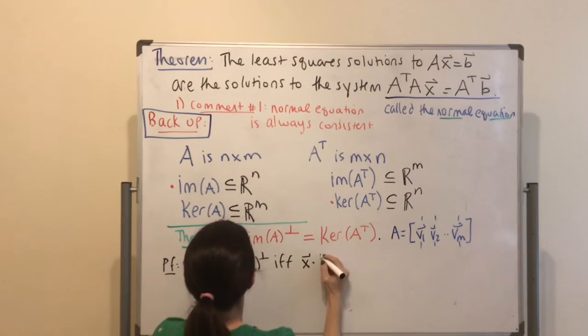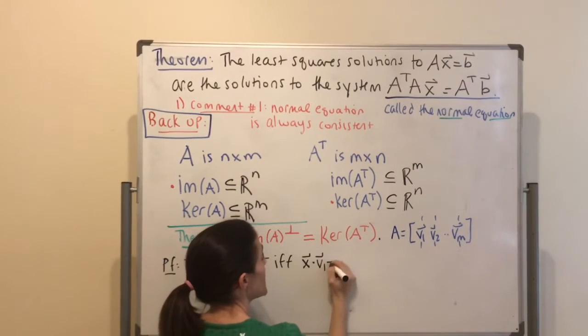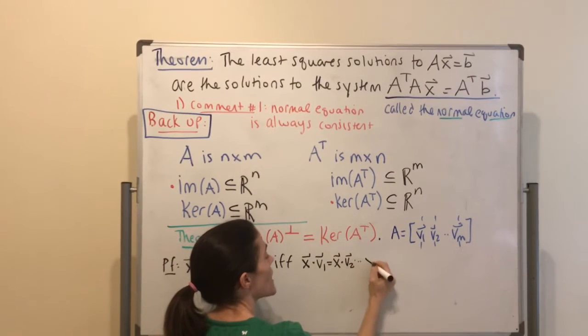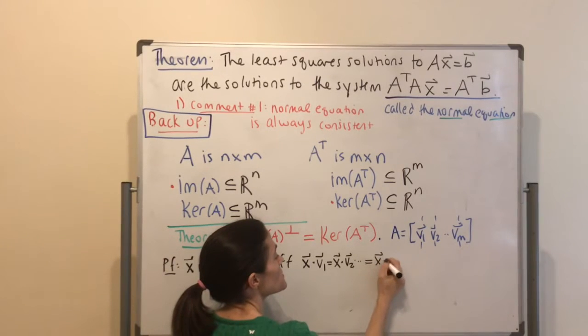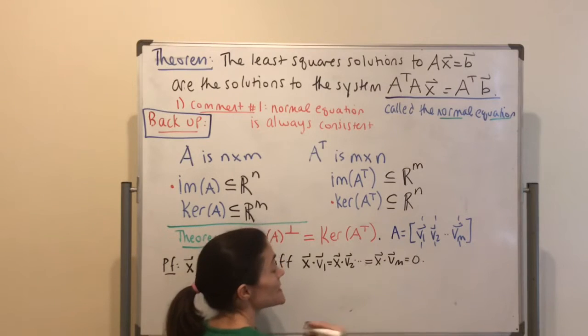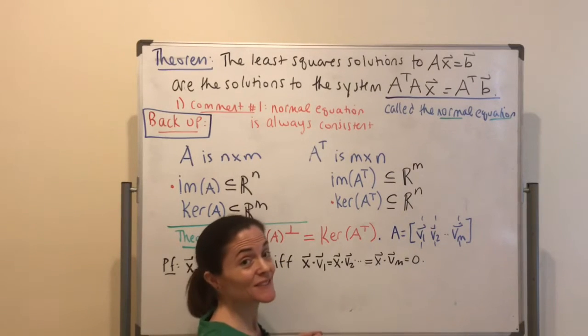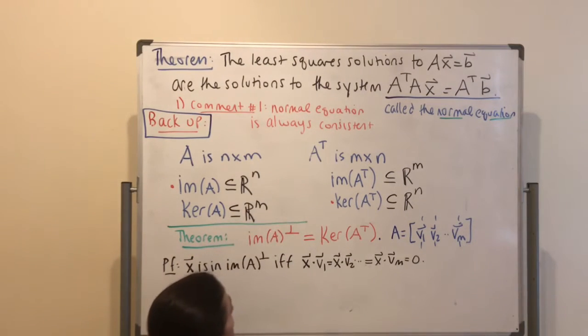x dot v1 equals x dot v2, all the way to x dot vm, equals 0. That's the number 0. The dot product of two vectors gives you 0.